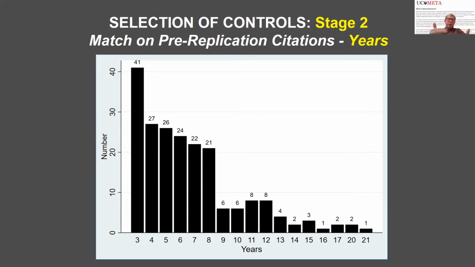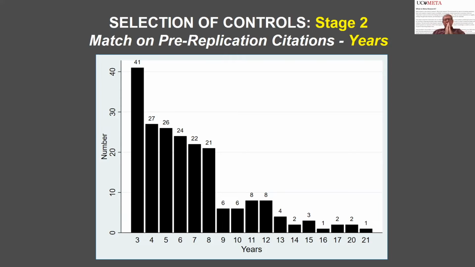So we're going to compare citations over exactly the same time period for our control and our original study. And what you see here is that most of our original studies were replicated within a few years of originally being published. And so we're going to set a minimum pre-treatment period of 3 years.